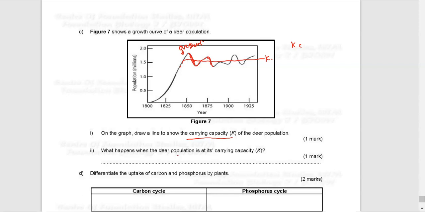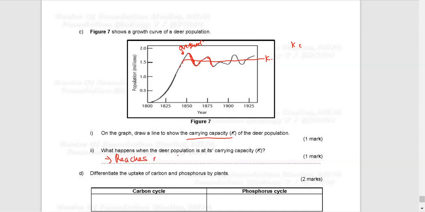Okay. So for question 2, what happens when the deer population is at its carrying capacity, K here? When the population of deer reaches its carrying capacity, this is the point where the population reaches its maximum size.